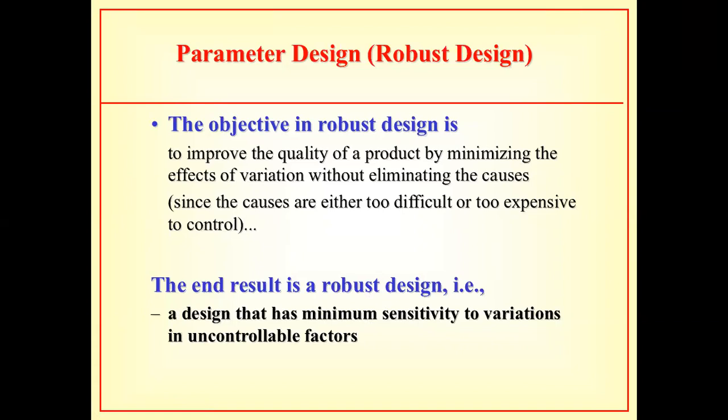Although you control the temperature, by the time you start pouring into the mold, the temperature goes down. So he says, if your design is efficient enough, it should be minimally sensitive to the variation, meaning the effect of the uncontrollable parameters should be negligible. Controllable parameters you can control, but the effect of uncontrollable parameters should be negligible. That is what a robust design is.